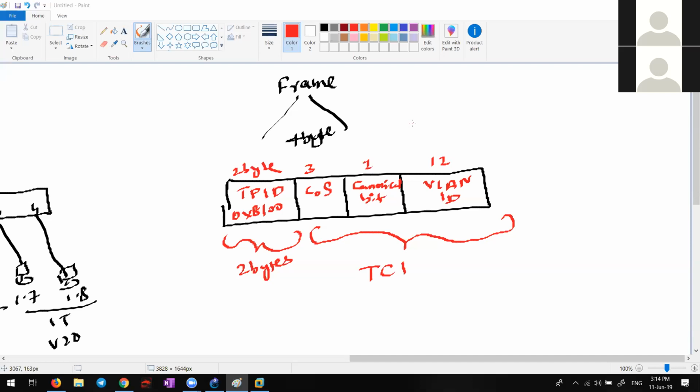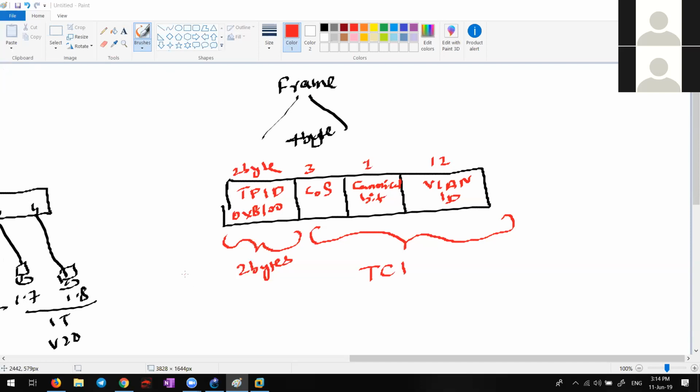TPID, tag protocol identifier. COS is class of service, canonical bit, VLAN ID. Done?